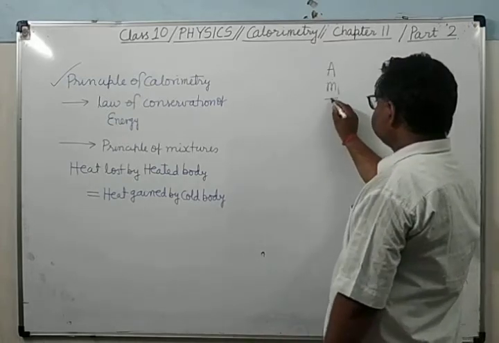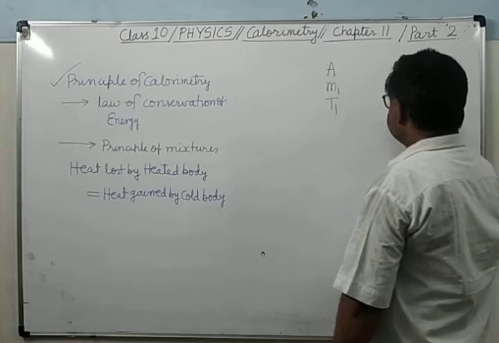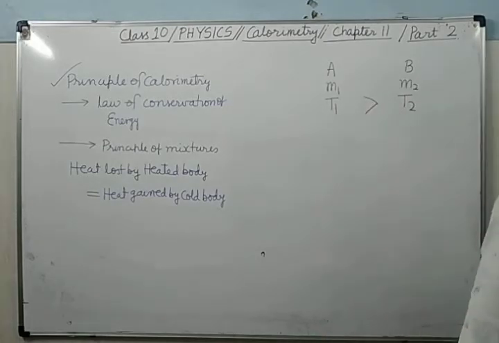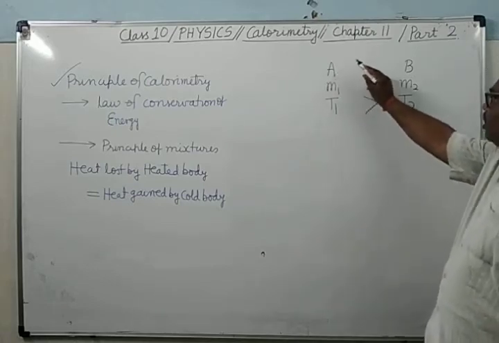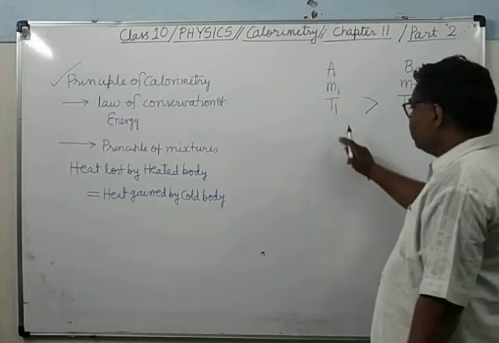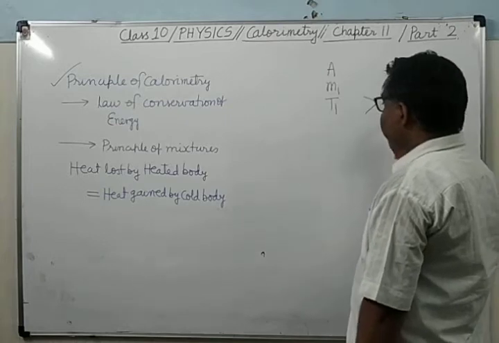Let its temperature be T1 and its temperature be T2. And here we have assumed that T1 is greater than T2. So flow of heat will take place from where to where? From A to B, until both acquire the same temperature.